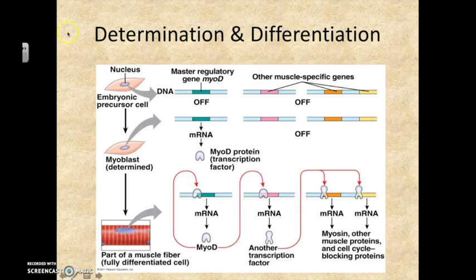In this diagram, we're looking at the process of determination and differentiation for a muscle cell. So at the top, we're starting out with an undifferentiated embryonic stem cell, and in that stem cell, the genes that are specific to muscle cells are all off. Then that embryonic stem cell receives information, which causes it to turn on gene expression of this master regulatory gene, MyoD. Now, in terms of structure and function, this still looks just like a stem cell.